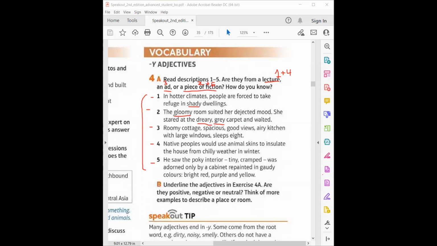Dreary. Gloomy. Airy. Number 4, can you find any adjectives? I believe chilly. Okay, what about 5? Pokey. Tiny. Tiny, pokey. What else? And gaudy. Gaudy. Okay.